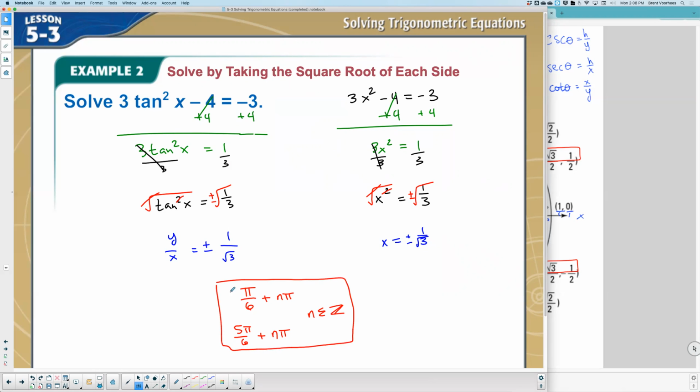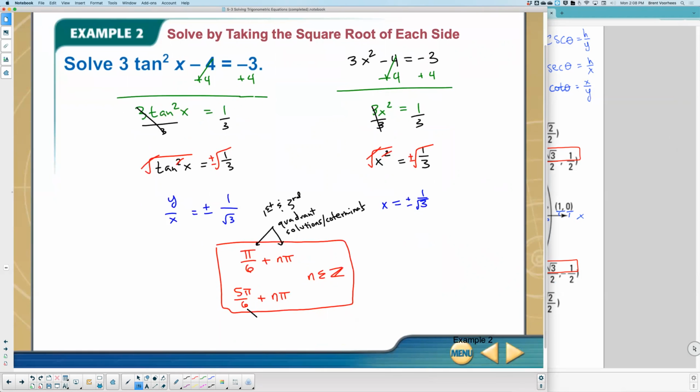So now this is going to include first quadrant and third quadrant answers. So that right there is first and third quadrant answers. Solutions or coterminals, you could say. Where down here, the last one would be second and fourth quadrant.